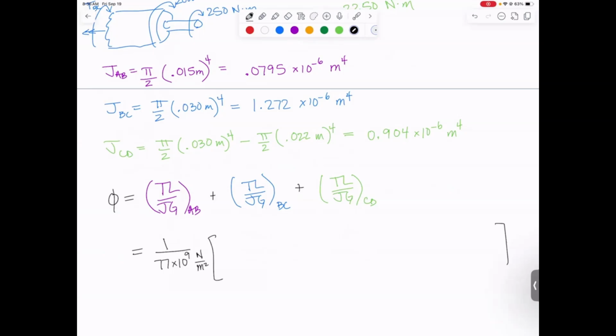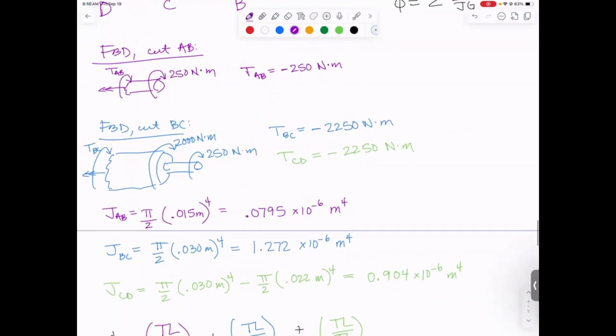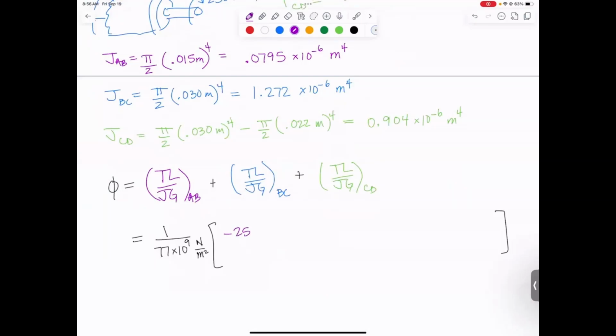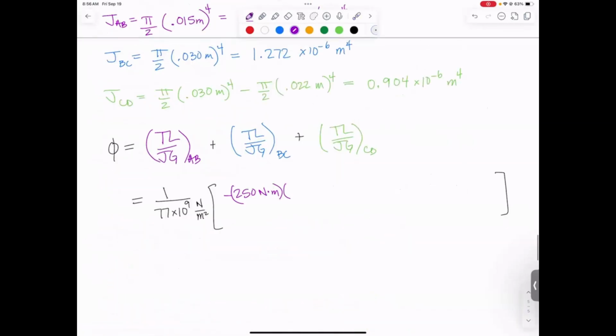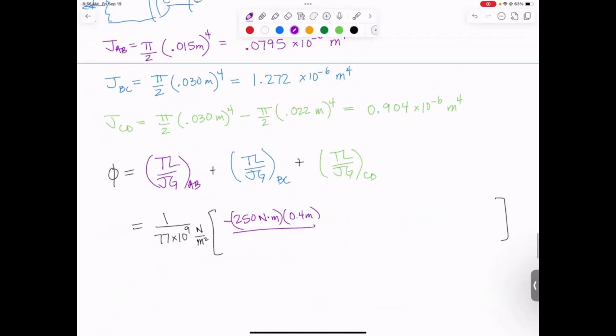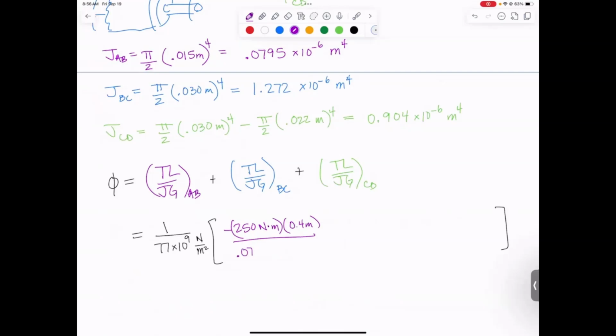Now inside the bracket, first for segment AB, AB had a torque of minus 250 Newton meters. Its length was right here, 0.4 meters. We already have G out in front. I do need to include J. The purple J was 0.0795 times 10 to the minus 6th meters to the 4th.